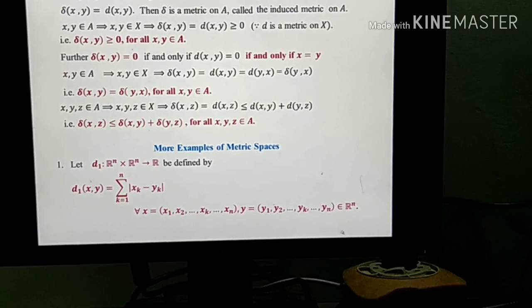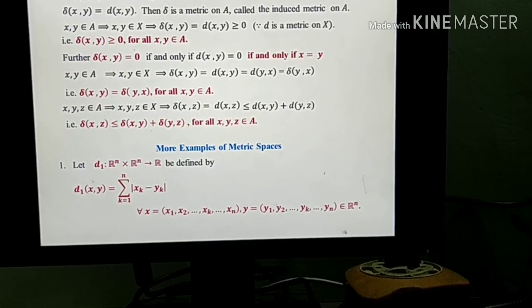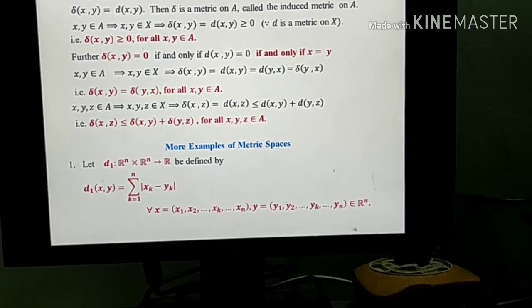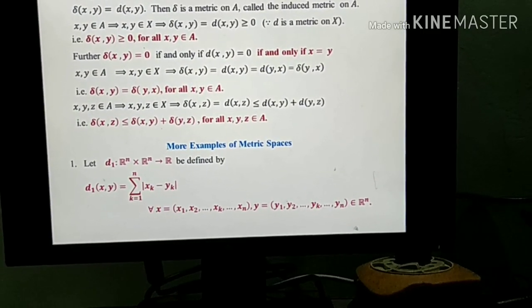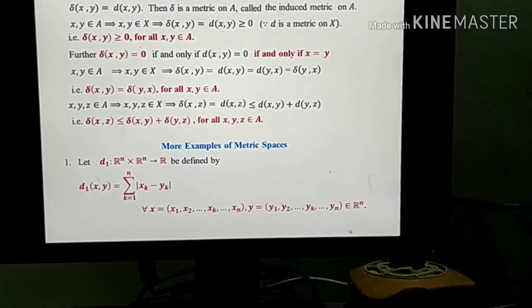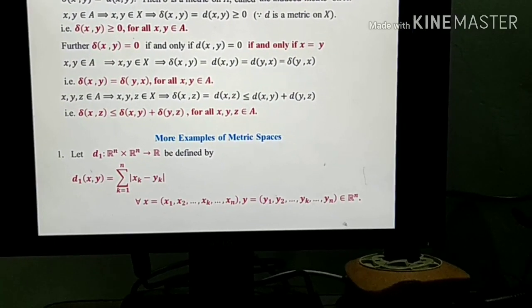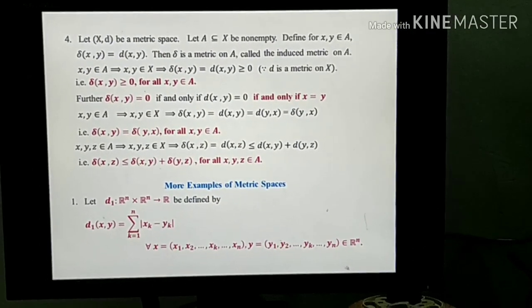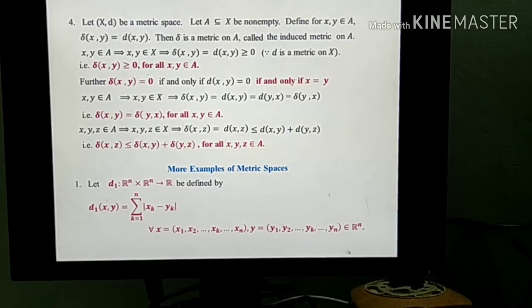For the second property, if I consider d1 xy is equal to 0, then what it implies? It implies that the sum of the absolute values mod xk minus yk is 0, but none of the absolute values is negative, and still the sum is 0.